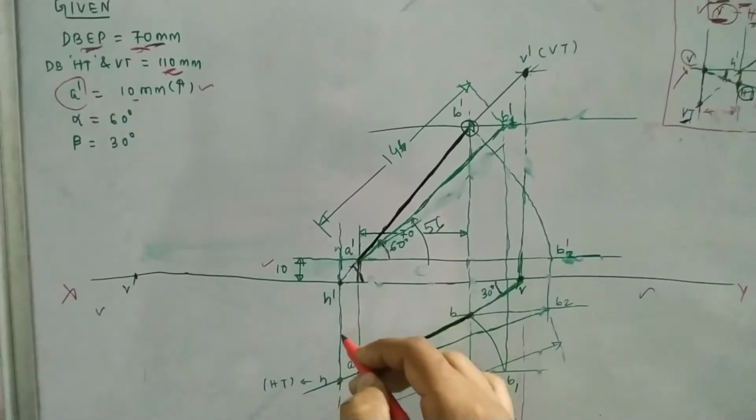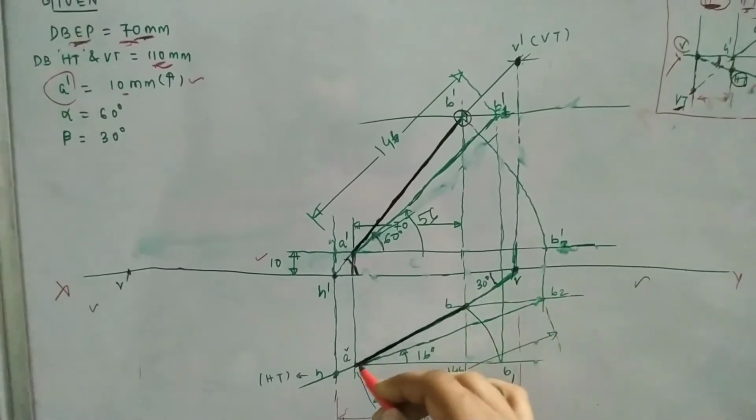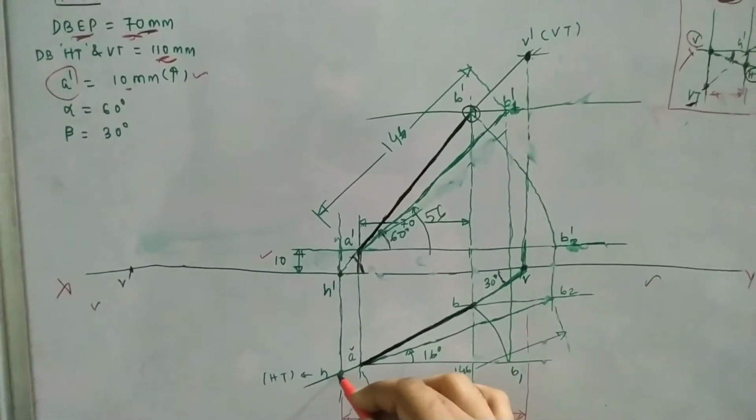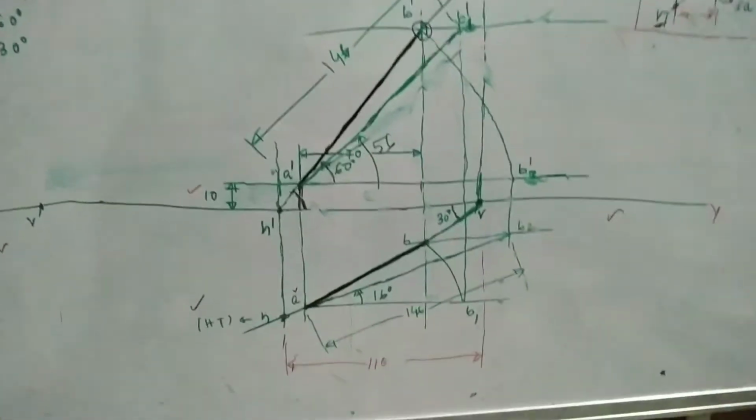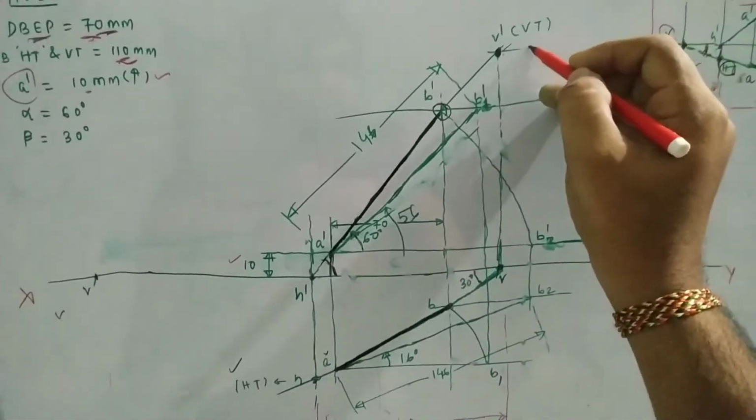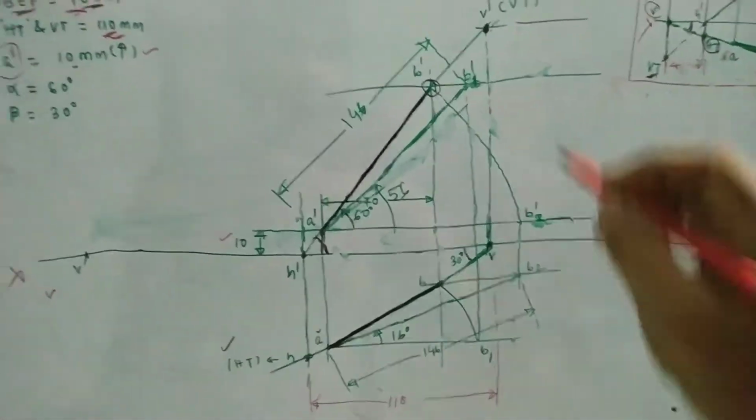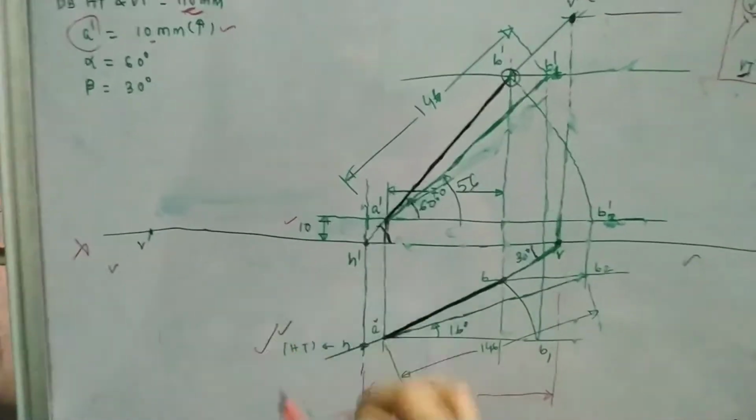Okay, so this is the vertical line and this is the top view extension, so this point will be the horizontal trace. Okay, so the vertical trace is found and the horizontal trace is also found.